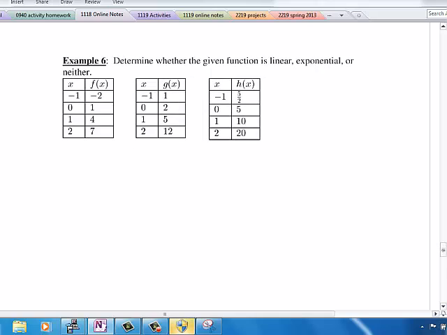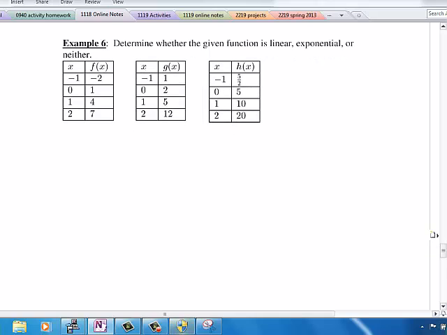The next example here is trying to get at the difference between the growth of a linear function and the growth of an exponential function. And what we want to do is compare the average rate of change on intervals of length 1. So the average rate of change between x equals negative 1 to x equals 0, we have the change in y's, so 1 minus negative 2, over the change in x's, 0 minus negative 1.